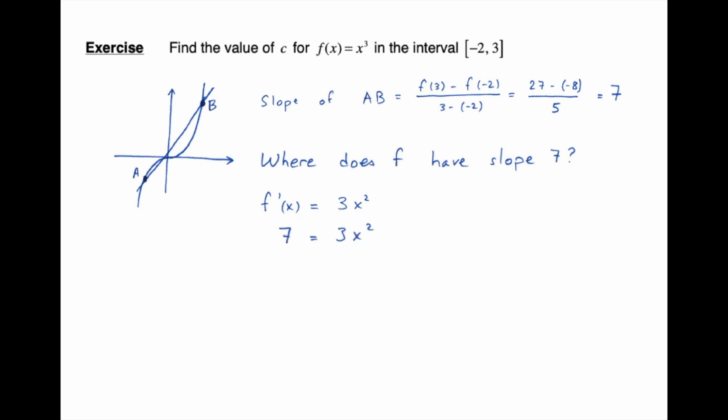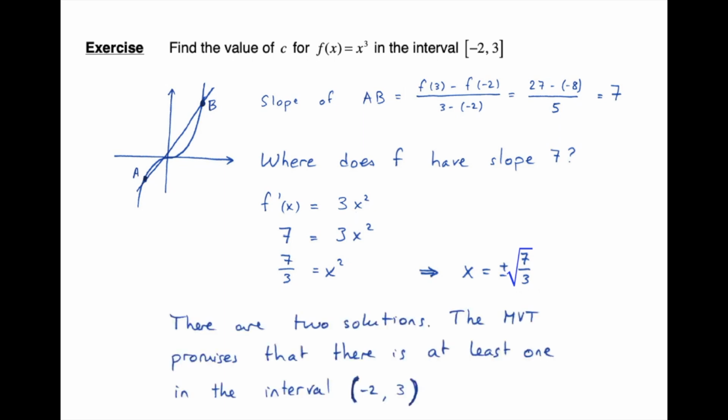So we say 7 equals 3x squared, and we solve. We find that this happens at x equals plus or minus the square root of 7 over 3. I didn't write it here as c, but if you write c equals, that's great too. This is the value c that we were looking for. So there are two solutions. The MVT promises that there is at least one, but maybe there's more.